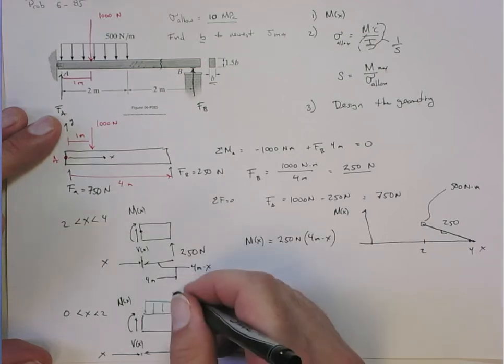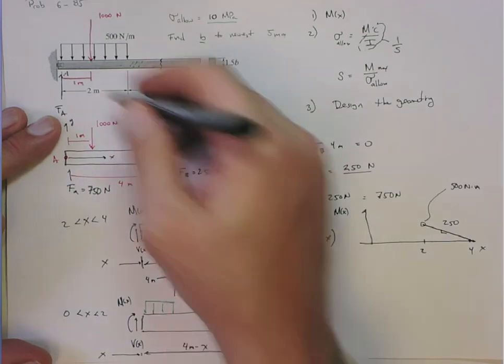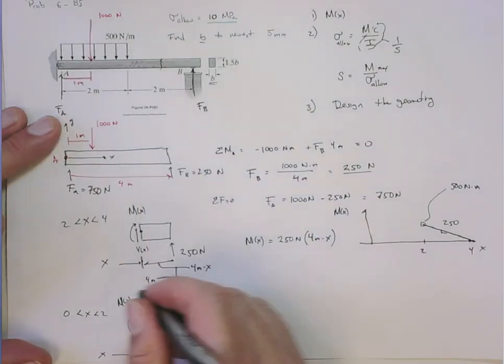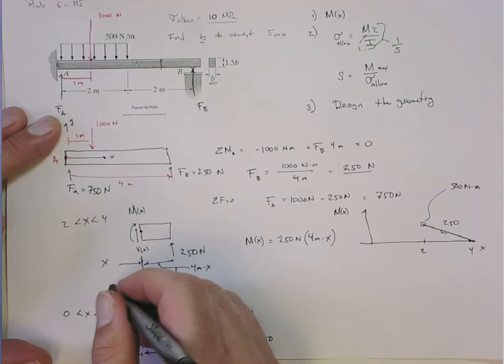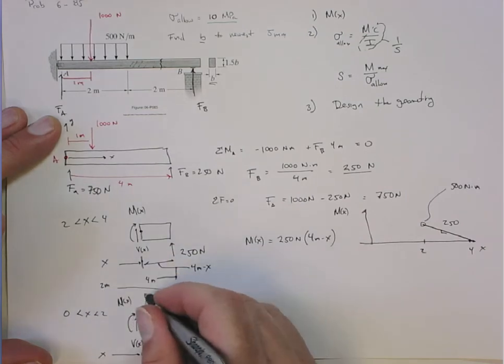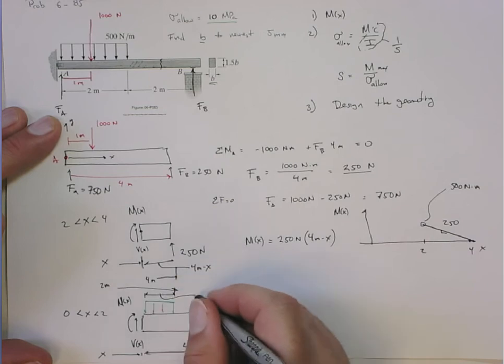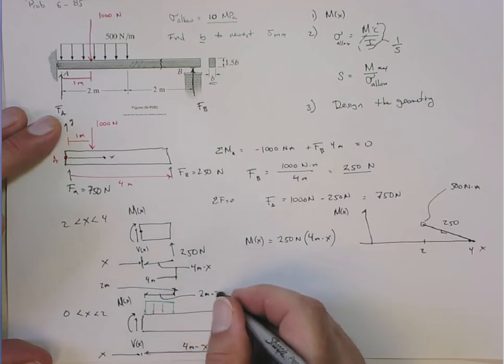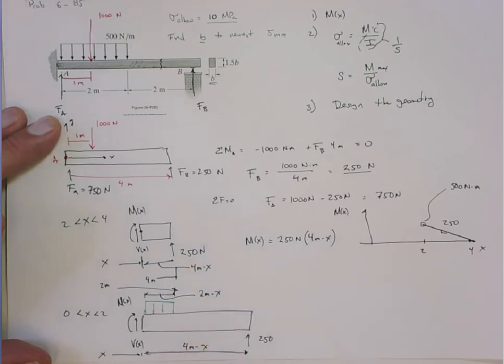Now, this distance to this point is 2 meters, right? Up to this point is 2 meters, so that means this distance here is 2 meters minus x. Okay?